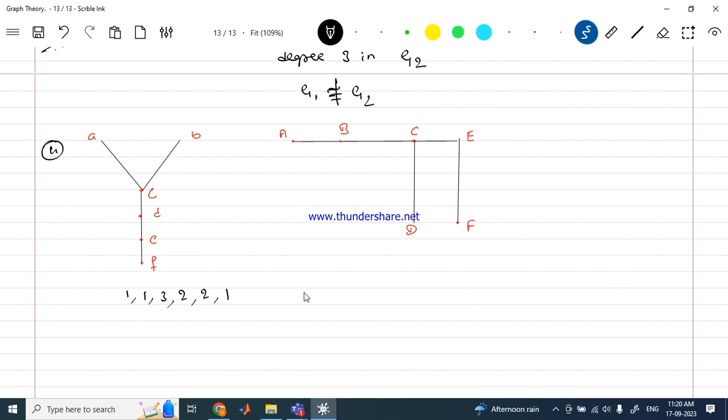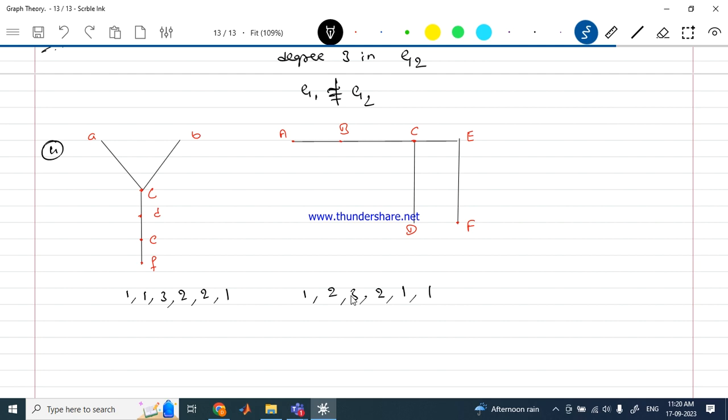It's 1, 2 for this, 3 for this, 1, 2, 3, and 2 for this, and 1 for this, and 1 for this. So 3 vertices of degree 1, 2 vertices of degree 2, and 1 vertex of degree 3 in each graph.